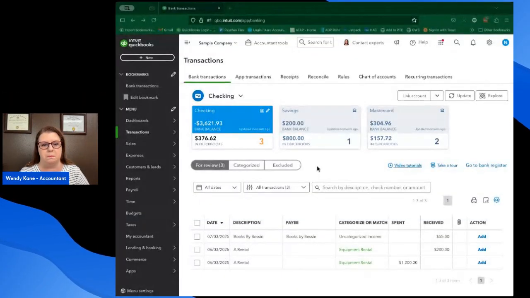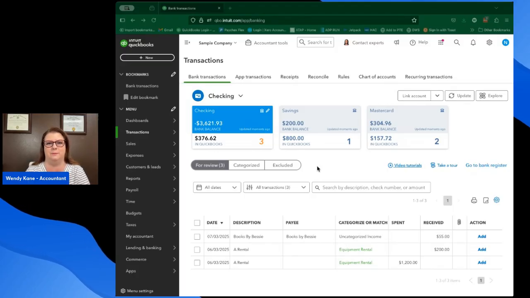There we go. Okay, today, once again, we are in a sample company that QuickBooks Online provides, which is great because it allows us to experiment, try out some things, and not mess up anyone's actual stuff. Plus, I really can't show you my books or any of my clients' actual books, so we have to use pretend numbers here.